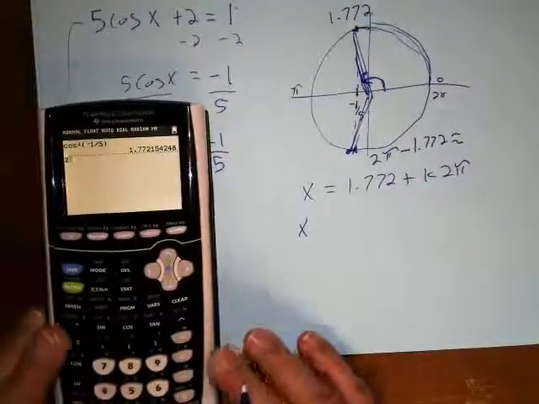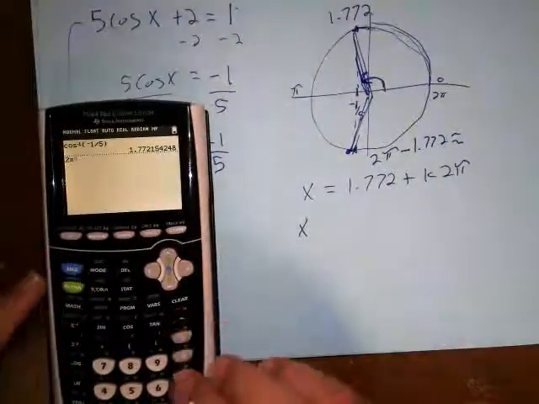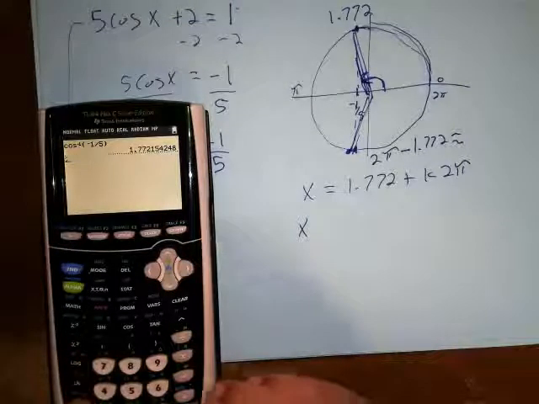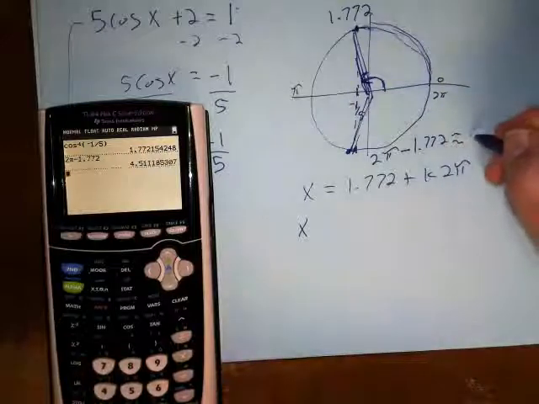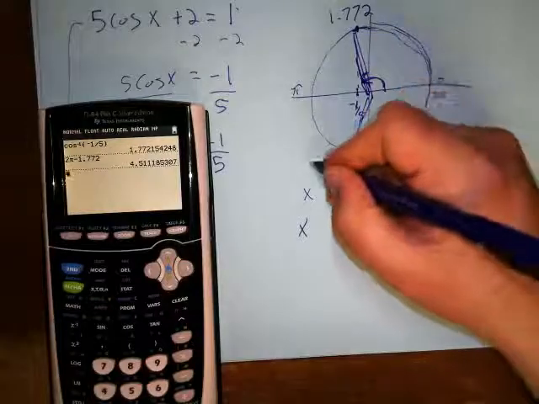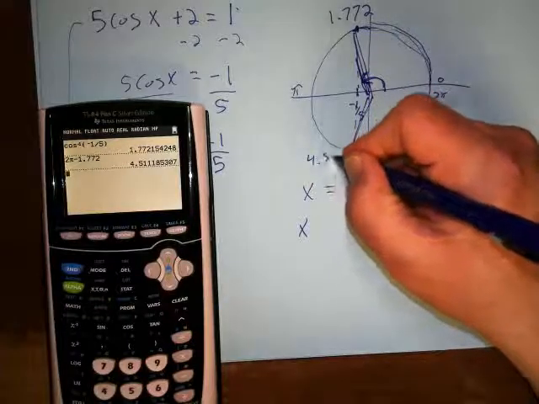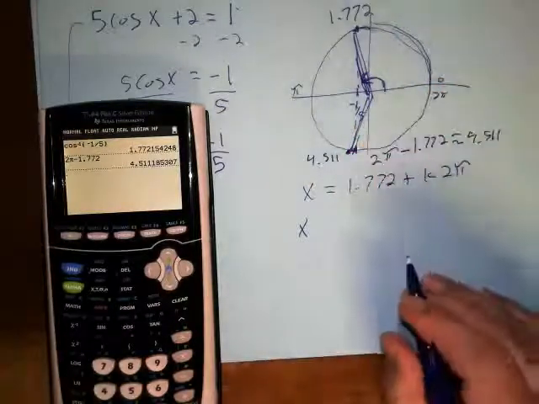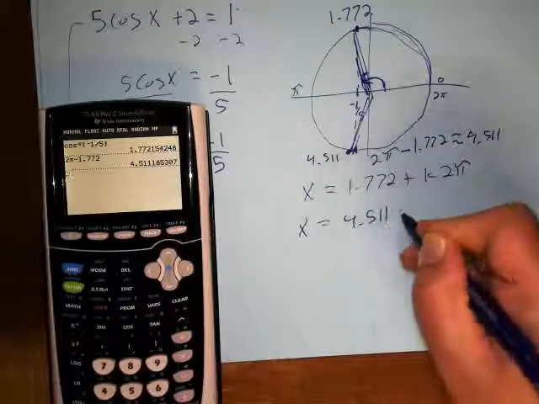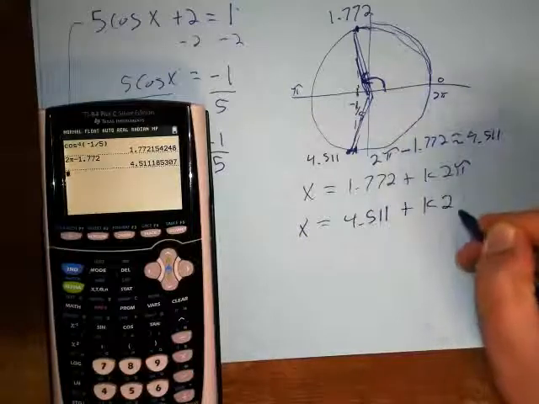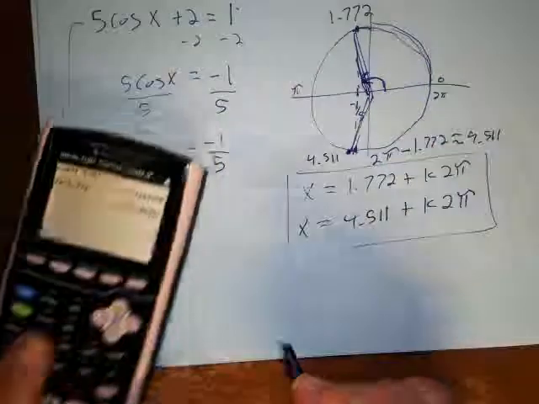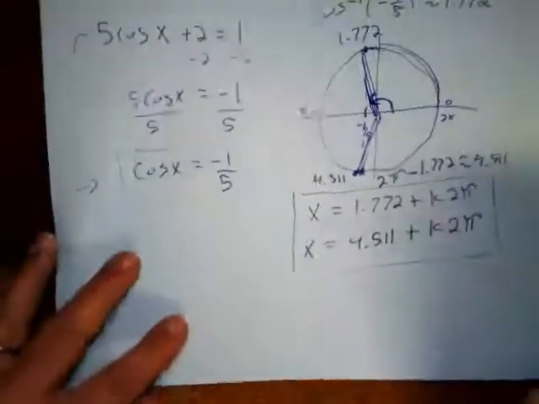So 2 pi minus 1.772, and this angle down here is 4.511. Okay, and that's my other solution here, 4.511 plus k times 2 pi. And there's the solution to this equation.